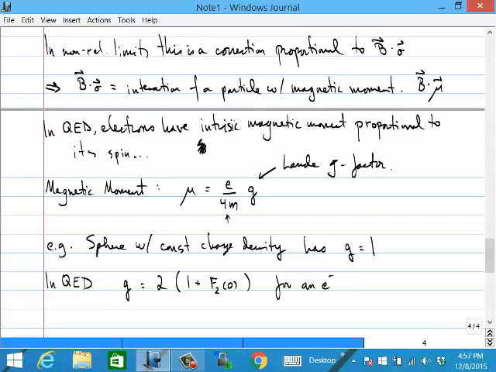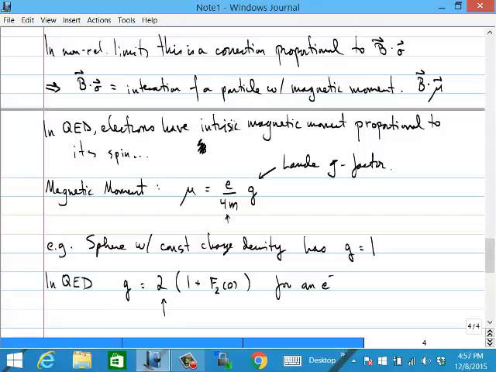So, first of all, before we even think about this form factor, the fact that you got a 2 here is incredibly interesting. This is Dirac. The fact that an electron has a magnetic moment proportional to its charge with a coefficient of 2 was an experimentally observed fact that nobody knew how to understand.